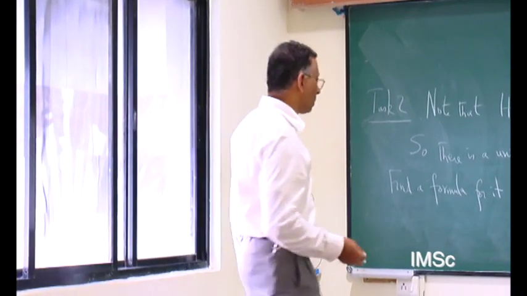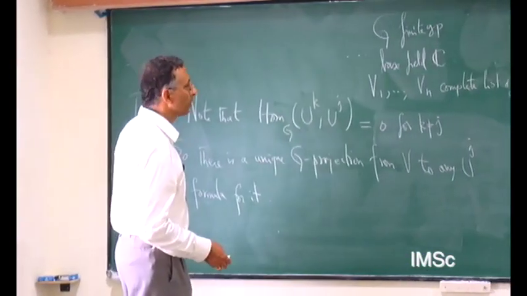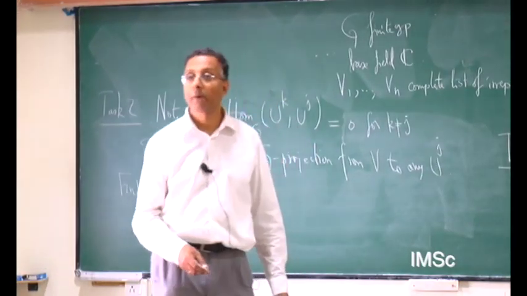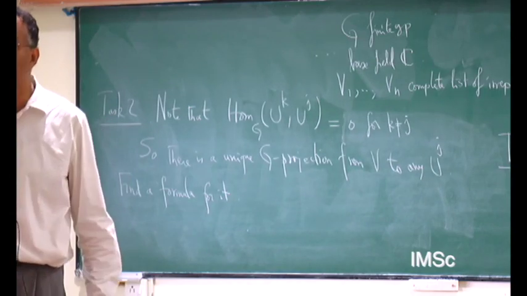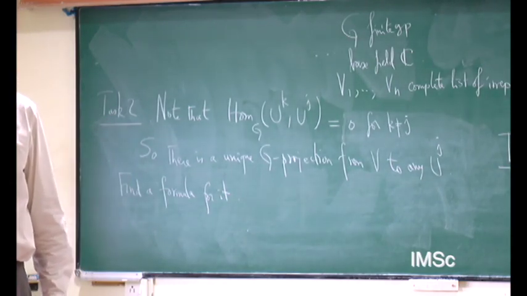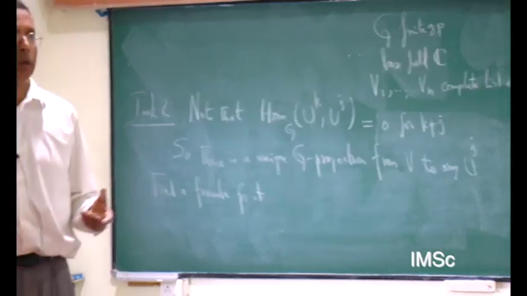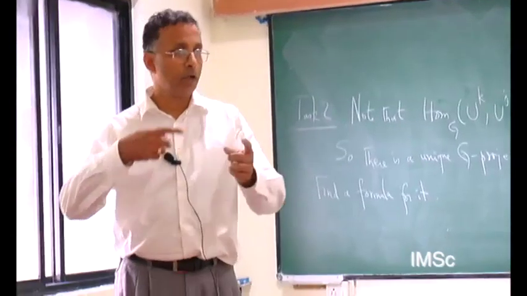Thinking ahead a little bit, the basis of End of V will be given by the basis of V and this thing. Very good. If you know a basis for V, then you know a basis for End of V, by a standard way.